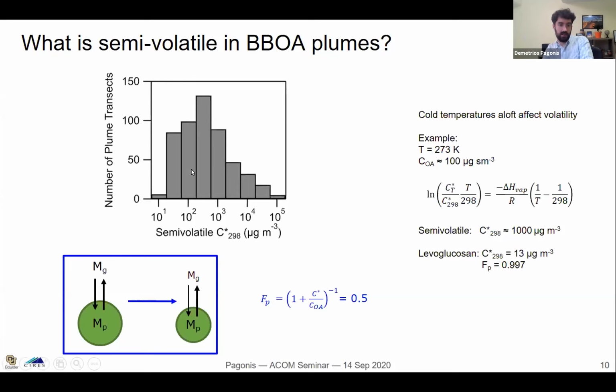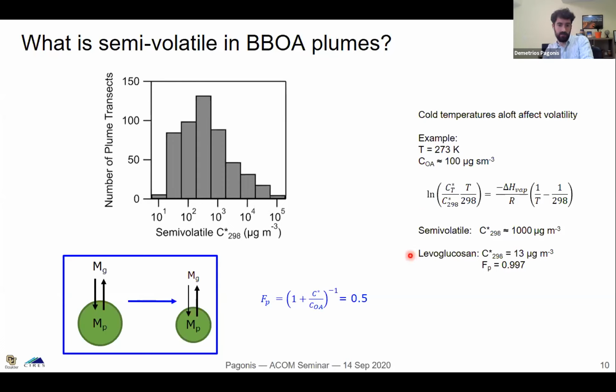And what we see is that it's compounds that we would typically consider as being more on the volatile side that partition equally, right? So as you go to cooler temperatures aloft, you really suppress vapor pressure, right?